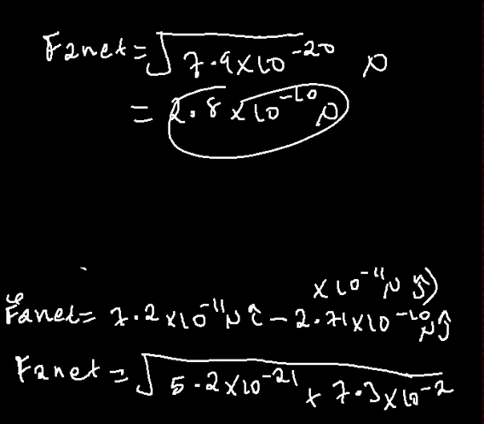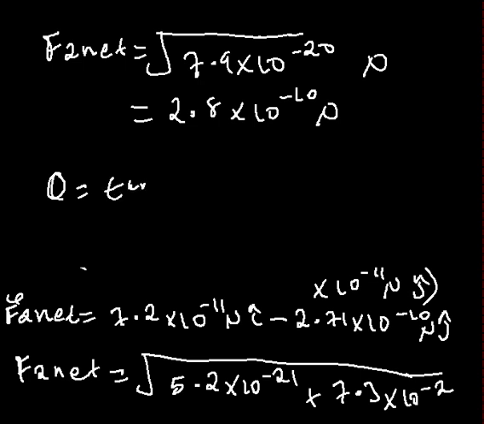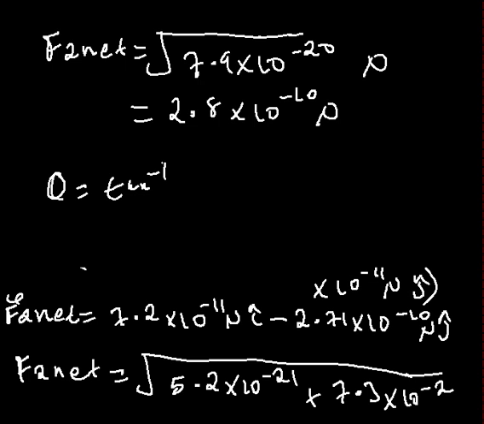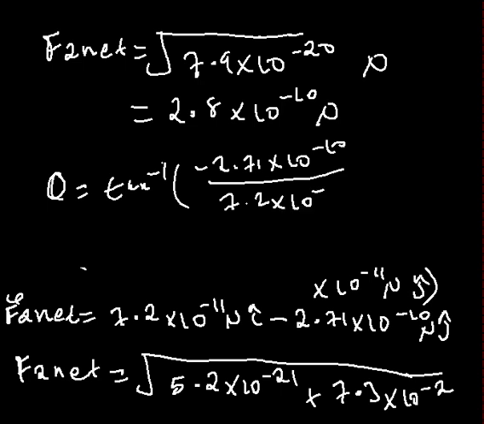So this is the magnitude of the net force acting on mass 2 due to the other masses. And what is the direction? We have theta, which is the tan inverse of this divided by that. So tan inverse of negative 2.71 times 10 to the power negative 10 divided by 7.2 times 10 to the power negative 11.